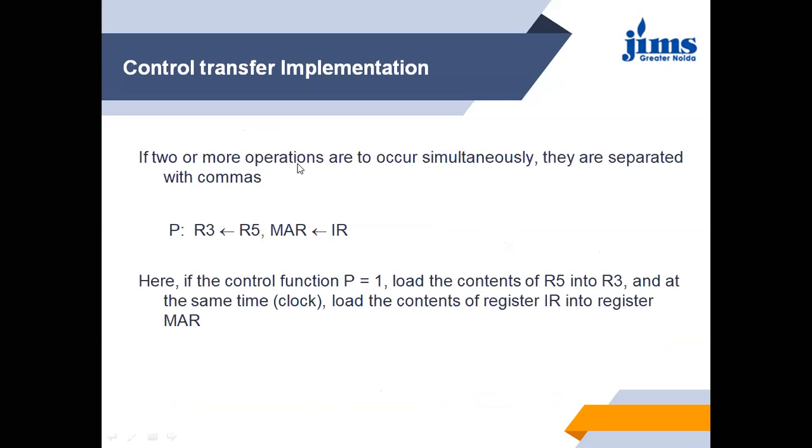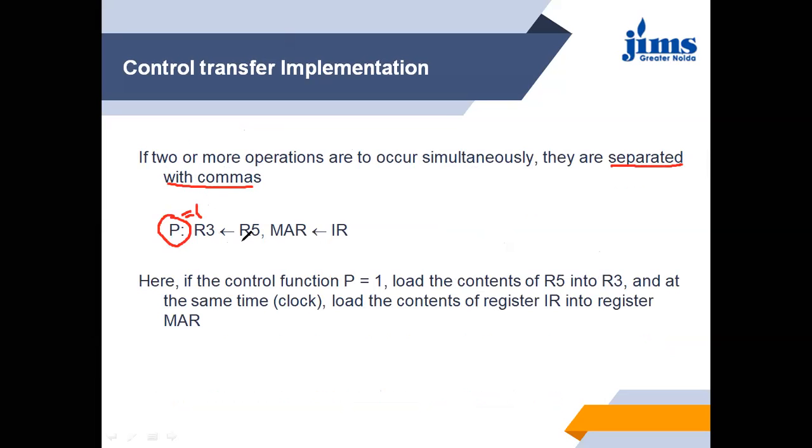If two or more operations are to occur simultaneously, then they are separated with a comma. It means that if the value of P is high, P equals 1, the control signal is giving permission that whatever you want to do, you can do the work.